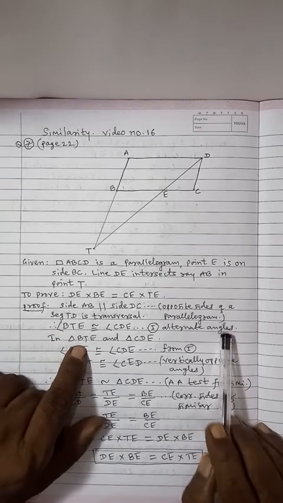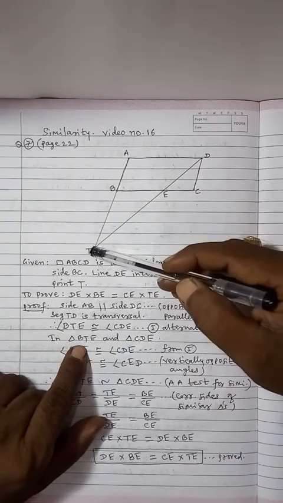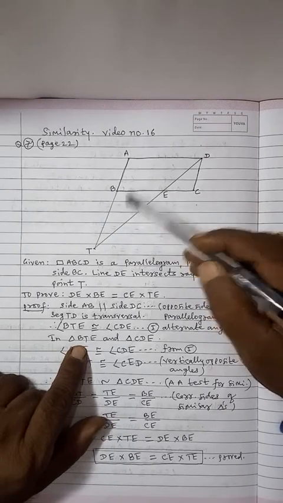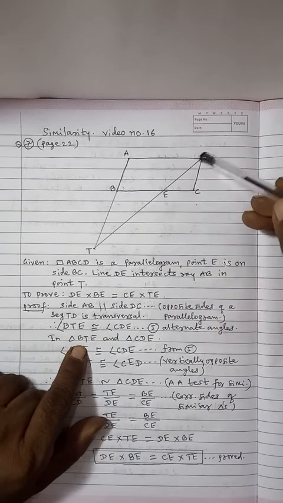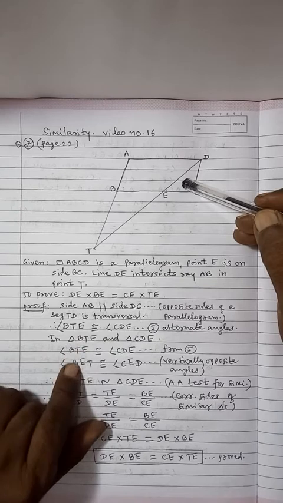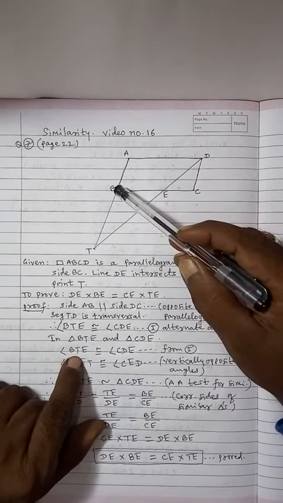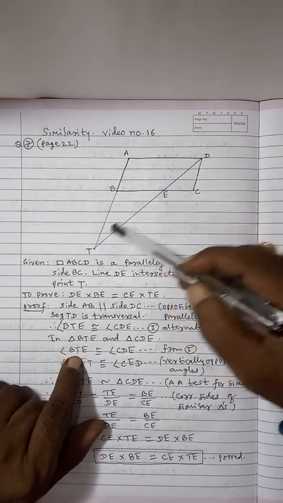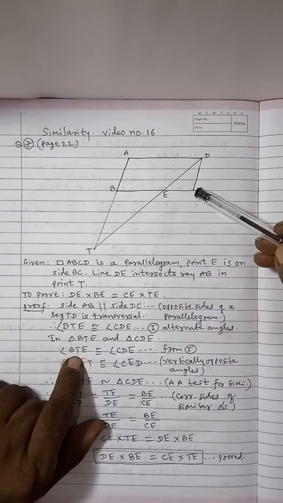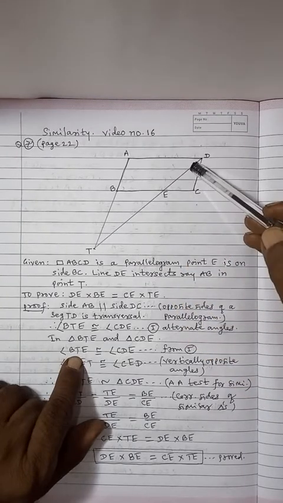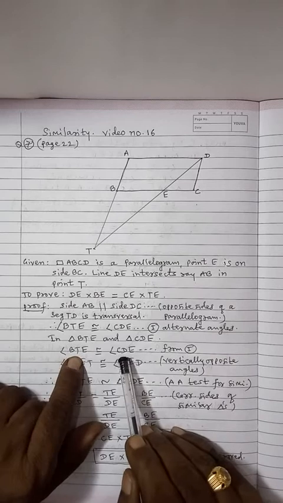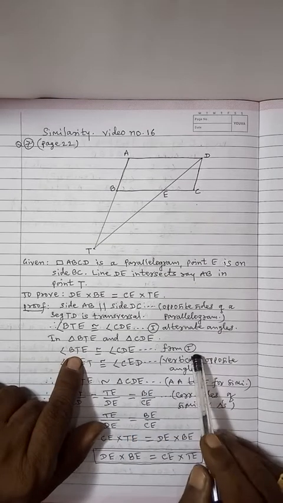Now pay attention. In triangle BTE and triangle CDE, angle BTE is congruent to angle CDE. This is from 1.